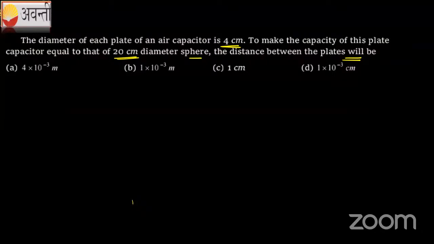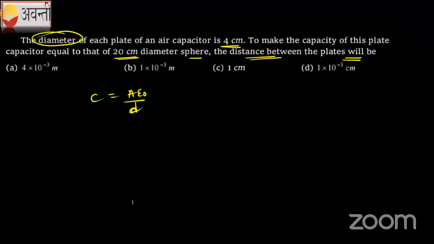Guys, parallel plate, sorry, spherical plate capacitor है ये. Capacitance क्या होता है? Capacitance is equal to A epsilon naught divided by D. Correct now? Now we need to calculate the distance between our two plates. What kind of capacitor it is? देखो इधर प्लेट्स कौन सा है, डायमीटर में पूछ रहा है वो. करेक्ट ना?